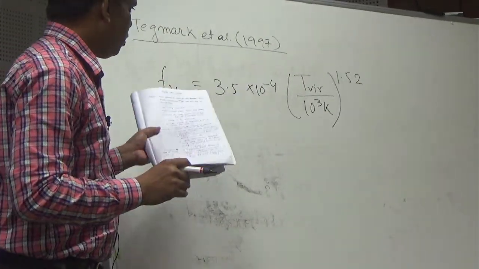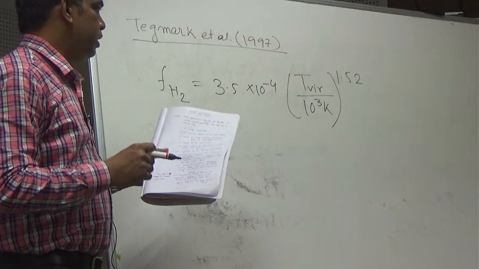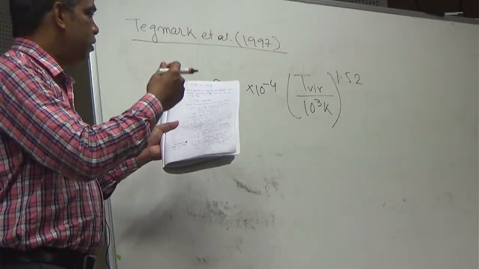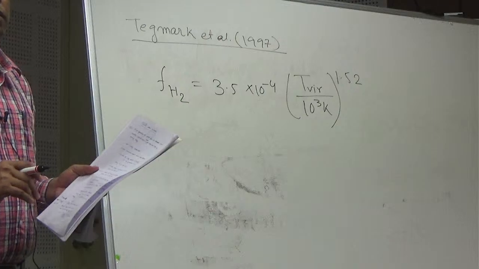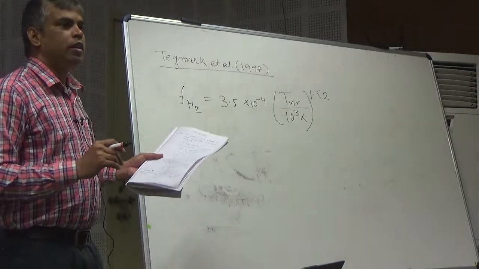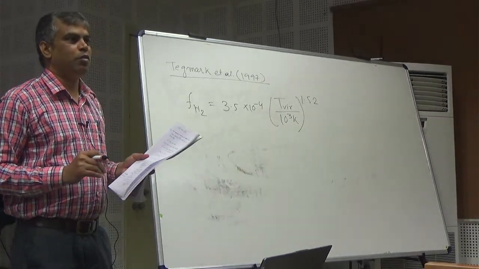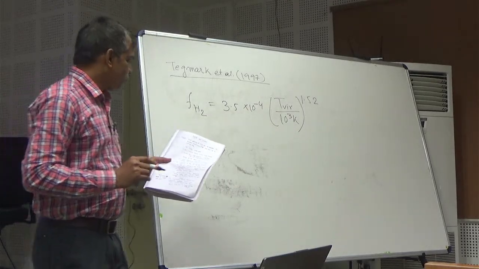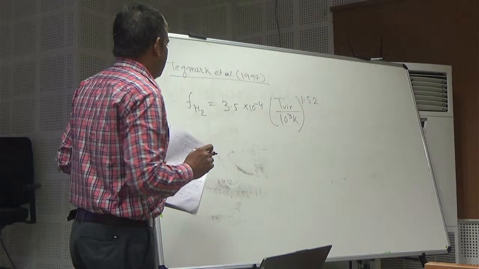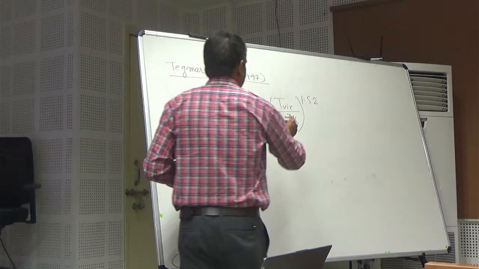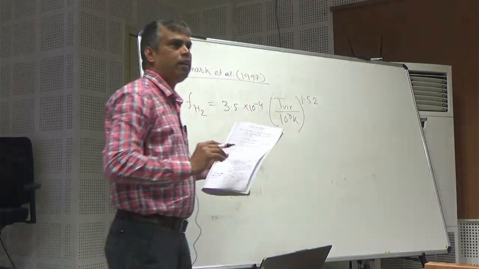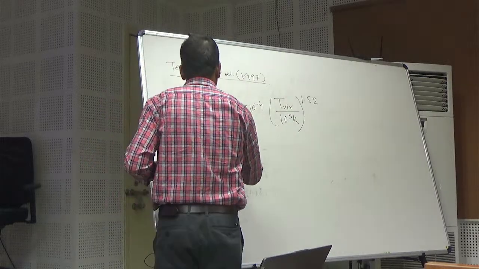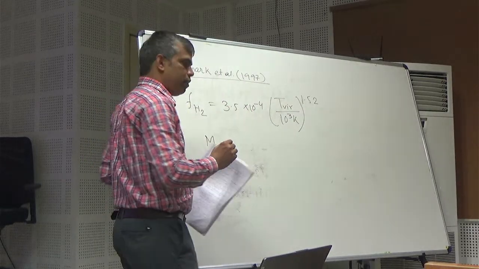If you want details about how this relation is estimated, you have to go to the paper. You see this T virial, and there's a one-to-one relation between dark matter mass and virial temperature.